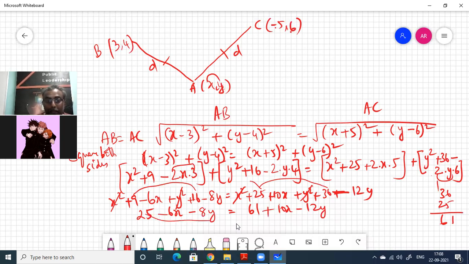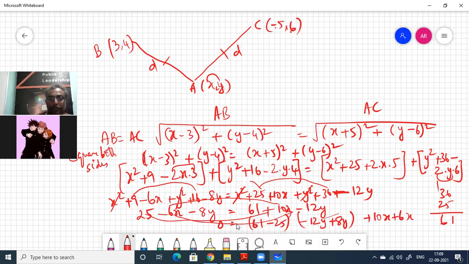Take this 25 to this side, take 10x to this side, take minus 6x also to that side, and take minus 8y also to that side. So 0 is equal to 61 minus 25, minus 12y plus 8y, plus 10x plus 6x.